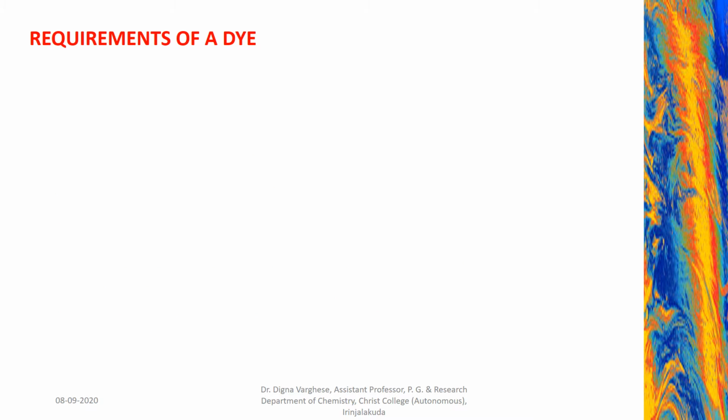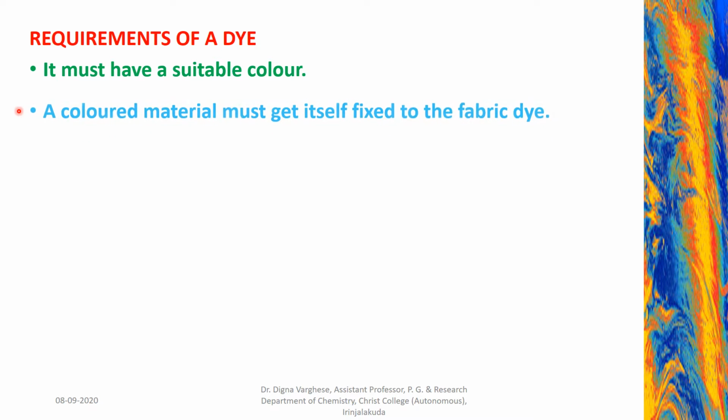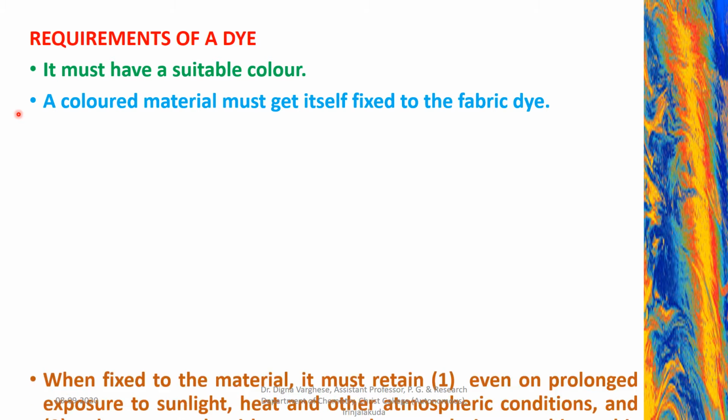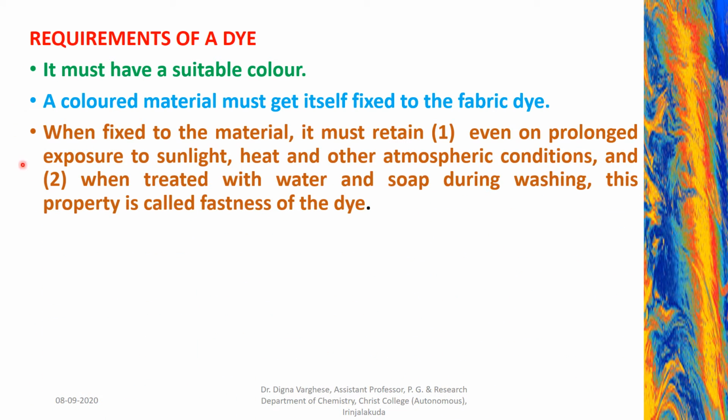Requirements of a dye: it must have a suitable color. A colored material must get itself fixed to the fabric. When fixed to the material, it must retain its color even on prolonged exposure to sunlight, heat, and other atmospheric conditions, and when treated with water and soap during washing.